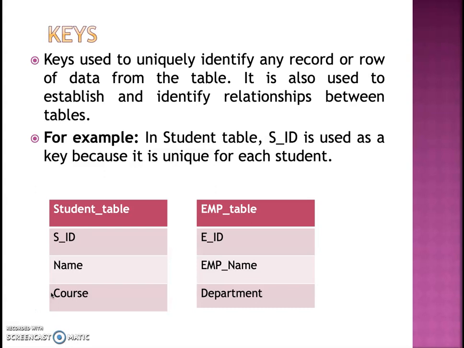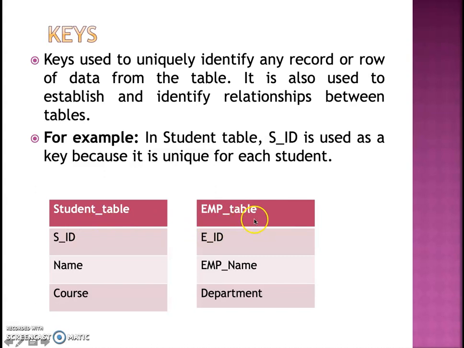For example, in the student table, SID can be uniquely defined because name can be the same for many students. Courses can also be the same for many students. Therefore, SID is a unique identification for each student.